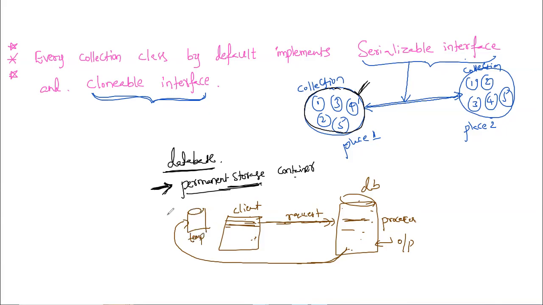That's nothing but a duplicate copy of a collection, a temporary copy of a collection. Whatever is generated from the database, the same thing is stored in a temporary copy as one more collection. Then from here, we get the data into the client.